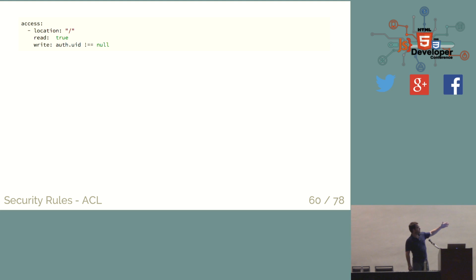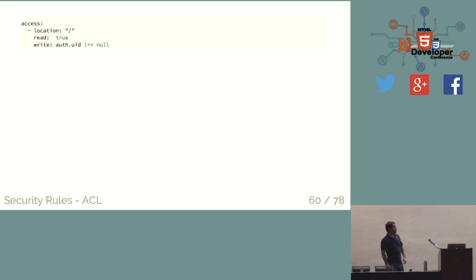And so we say if auth.uid is not equal to null, if the current user is logged in, that's what's going on there. So if someone is logged in, then they can write. So this is fairly basic: you must be logged in in order to be able to write, and then you can write anywhere, and anybody can always read everywhere.